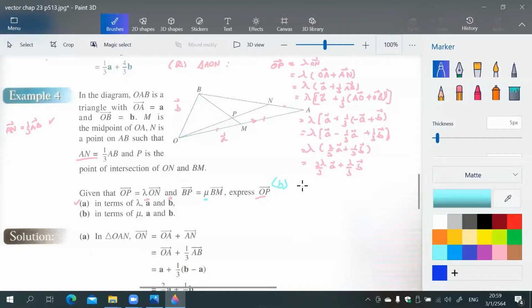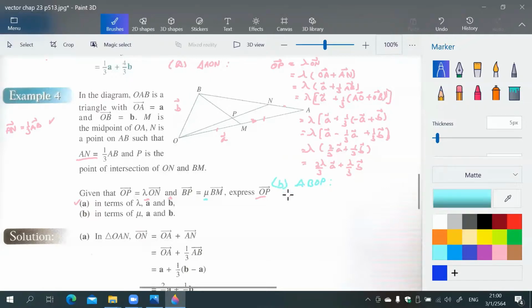So I have OP, what triangle should we use? OP, and then we have BP. So I can use this triangle, because I have BP here. Okay, so I'm going to use the triangle BOP, because I have this OB and I have BP, so I can get OP.